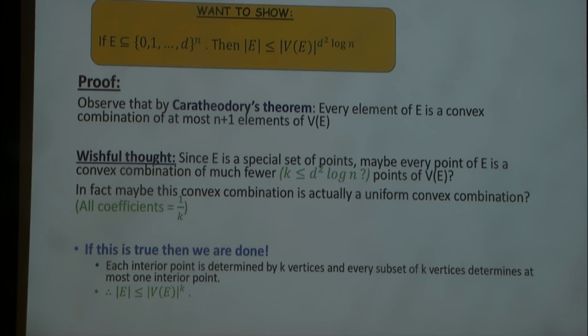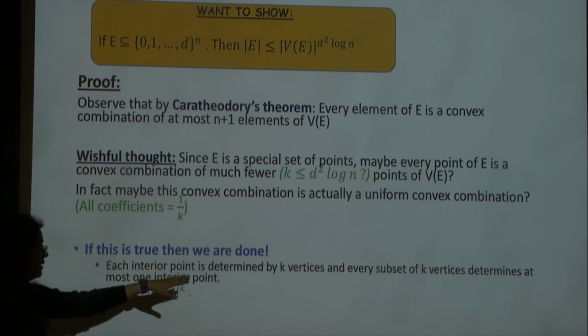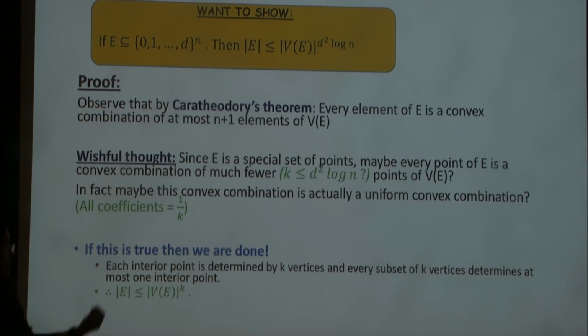And the reason we would have been done is the following. If this was true, that means every point of E is determined by k of the corner points, because there's some k points whose uniform convex combination gives you this point. So every interior point is determined by these k vertices, and every k vertices on the corner can determine at most one interior point, because these are uniform convex combinations.